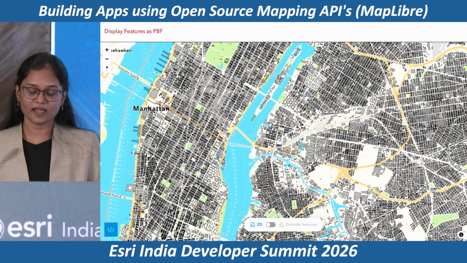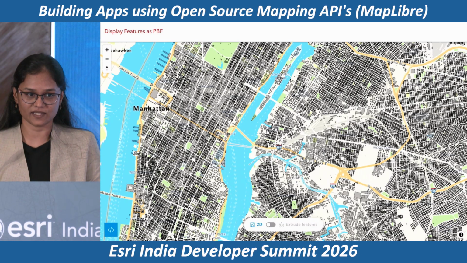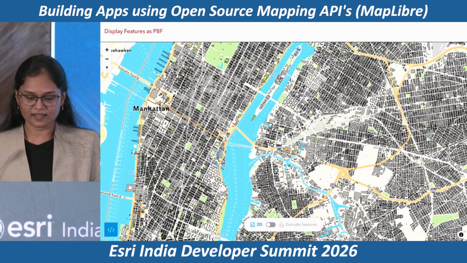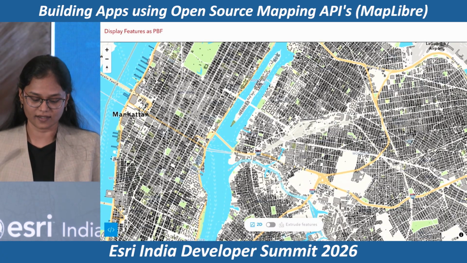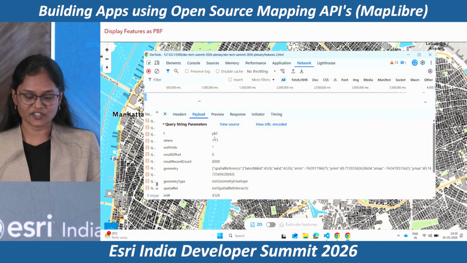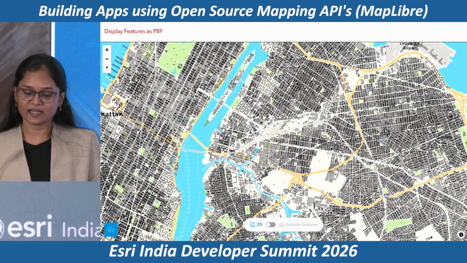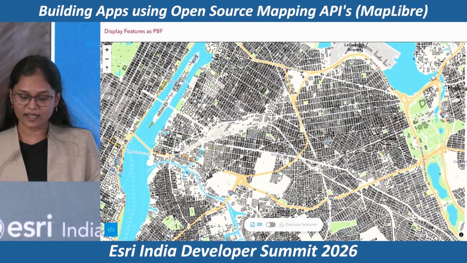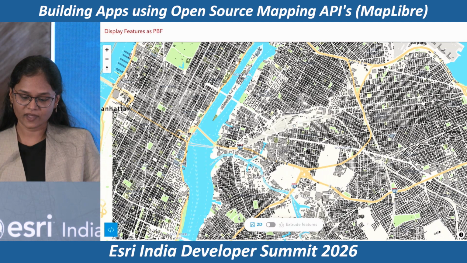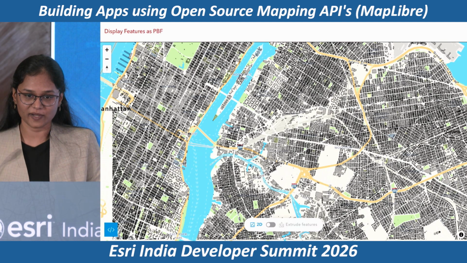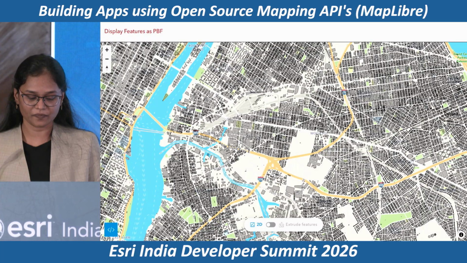But that's where the MapLibre ArcGIS plugin comes in. Its feature layer class fundamentally changes how the features are retrieved and displayed. So if you look at the network tab, now the features are retrieved as PBF tiles. This means features are now loaded on demand, dynamically, as you zoom and pan, thus improving the overall performance and user experience.